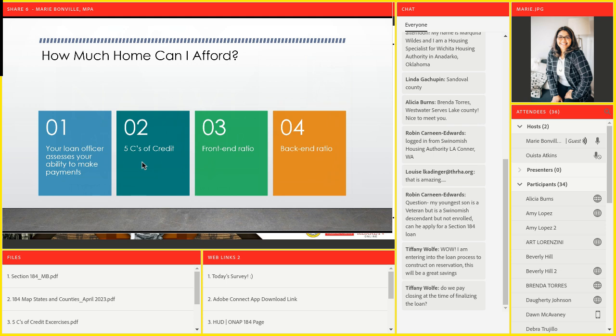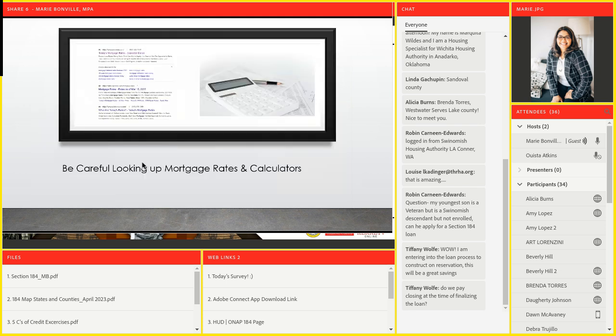So it's really important to let the loan officer that you choose to work with be the one to assess your ability to make payments and give you those numbers. Of course, they're going to assess the 5 C's of credit. They're going to look at the front end ratio and the back end ratio. So as I said before, be careful with looking up mortgage rates and calculators, because sometimes you might want the interest rate for the year, or the average or whatever.